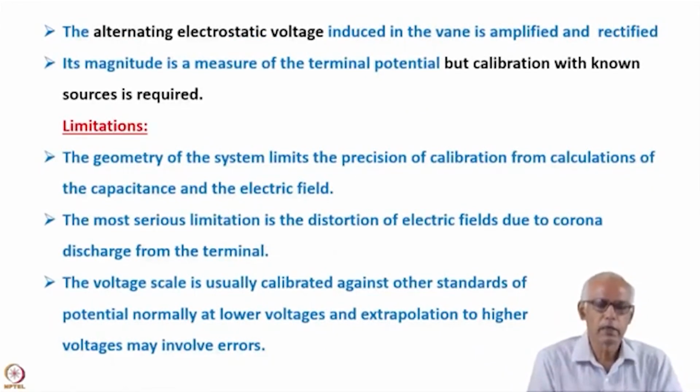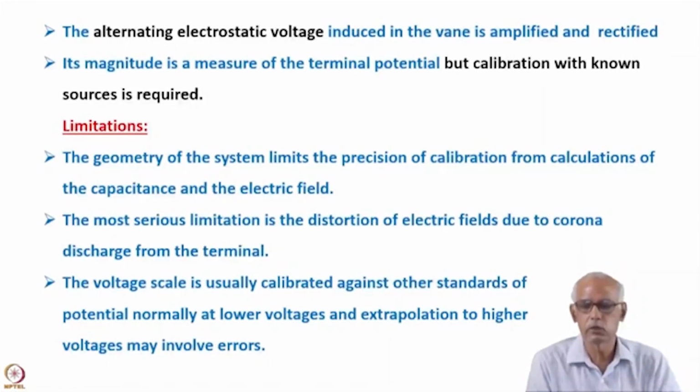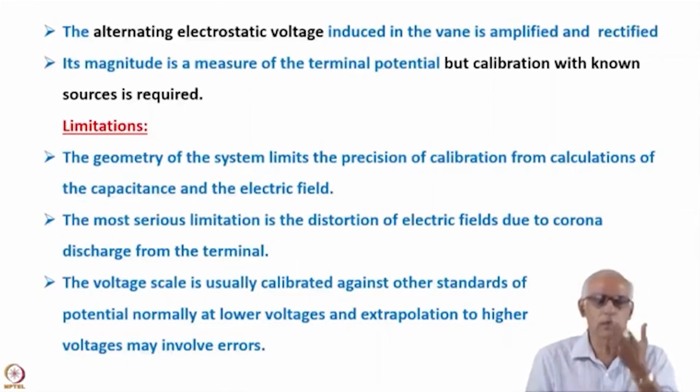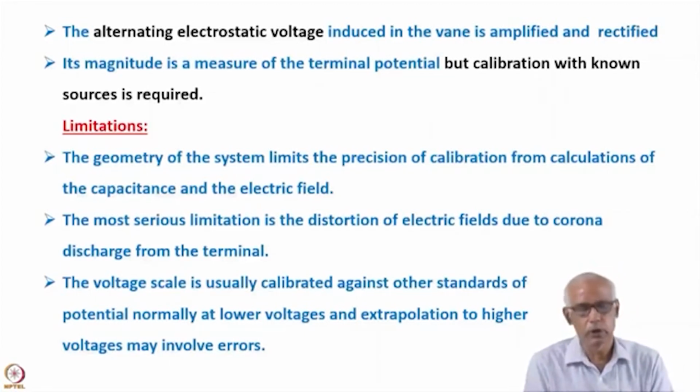The alternating electrostatic voltage induced in the vane is amplified and rectified. Its magnitude is a measure of the terminal potential, but calibration with known sources is required, and that may involve some errors. So in this method, geometry plays a very important role.